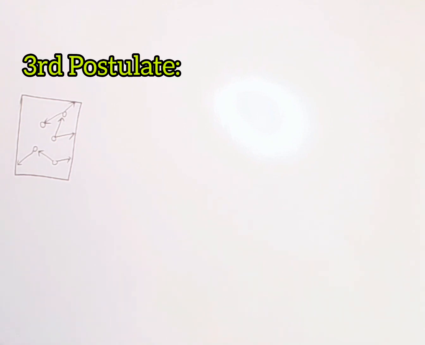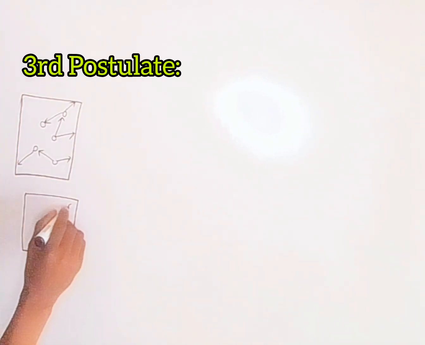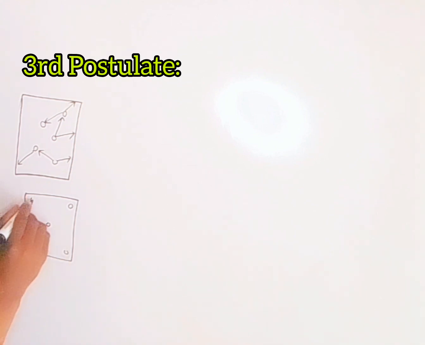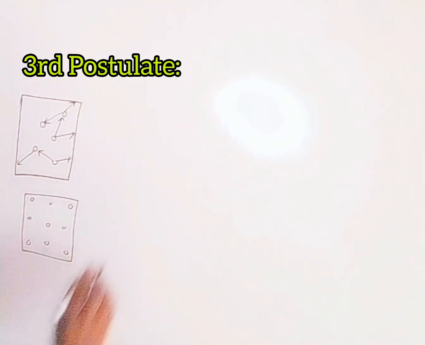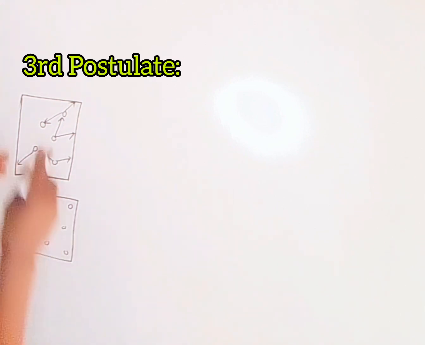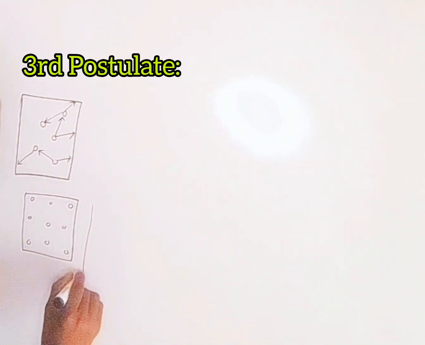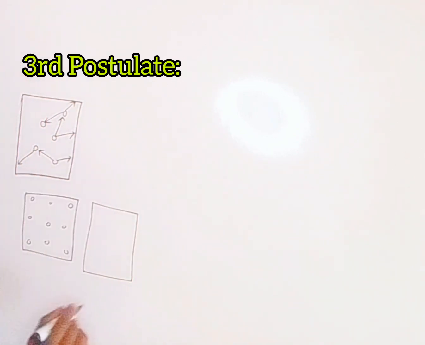What the third postulate is saying is that in this container they are equally spread. They are found everywhere, occupying the whole volume, while they themselves have their own volume.